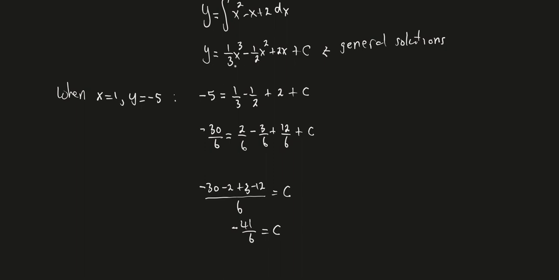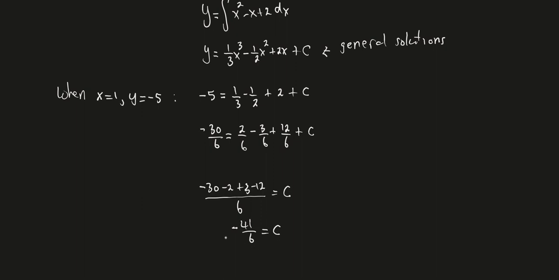So we have to go back to our general solution, and wherever there is a c, replace it with the now specific constant. So we know what the constant is that will ensure that whichever of these integral curves will pass through the ordered pair 1, -5.